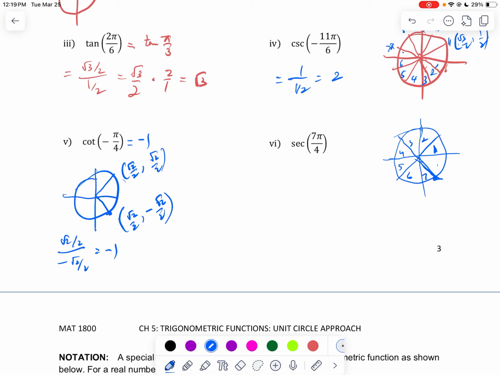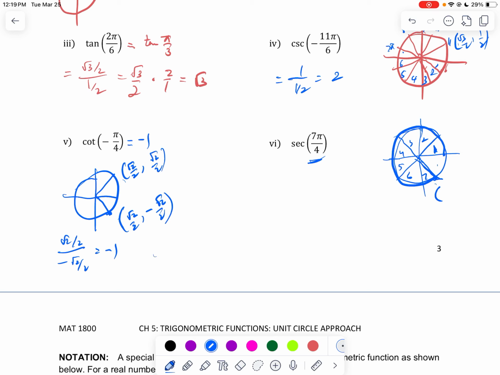So this is the t all the way from here to here. The coordinates will be the same as the coordinates of pi over 4, because this is a multiple of pi over 4. Note here that negative pi over 4 and 7 pi over 4 are actually the same thing. So we have the same coordinates as we have in part 5.